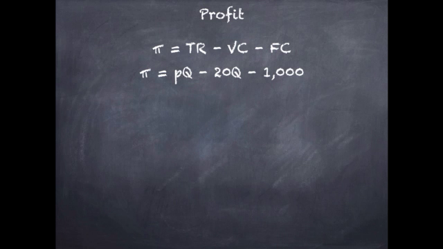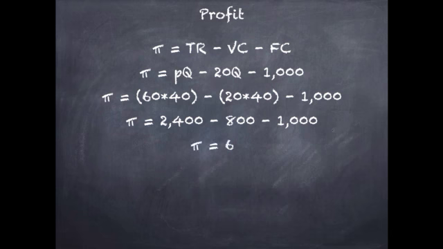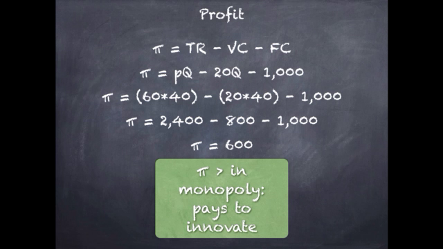That is the research and development funds that were used to come up with this new manufacturing process that significantly cut our marginal costs. So we end up that pi is equal to 60 times 40 minus 20 times 40 minus 1,000. So we get profits are equal to 2,400 minus 800 minus 1,000. Profits are equal to 600.